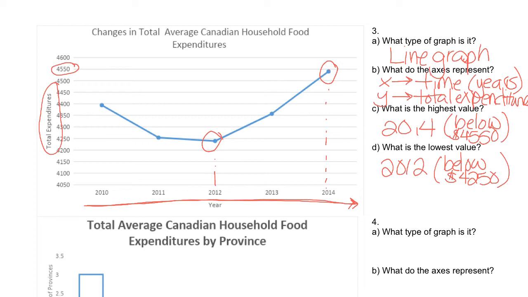And so we can see the different changes, and think about why that's happening. From 2010, our expenditure, the money that we have spent on average, goes down in 2011, goes down further in 2012, and then starts going up till 2014.